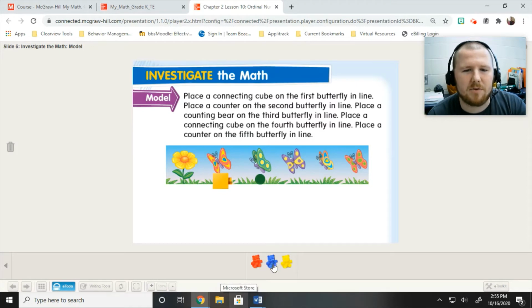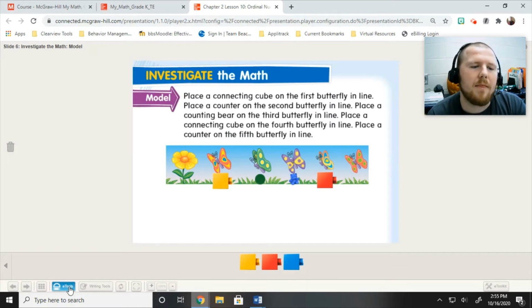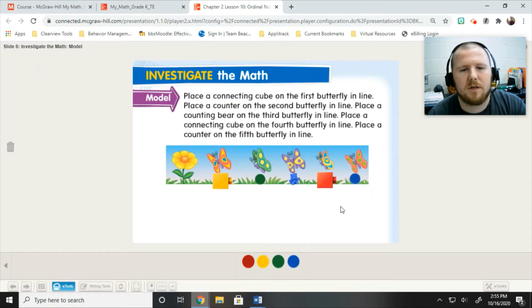I can use this color on the third butterfly. Place a connecting cube on the fourth butterfly, so I'm going to change that. And then they want me to place another counter on the fifth butterfly. So we'll do this color. Okay, so there you have it.